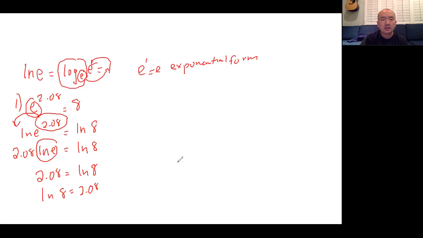Okay, let's go with number 2. I don't remember which questions you're asking me for. Okay, so number 2, let me erase this. e to the 4.61 power is equal to 100.